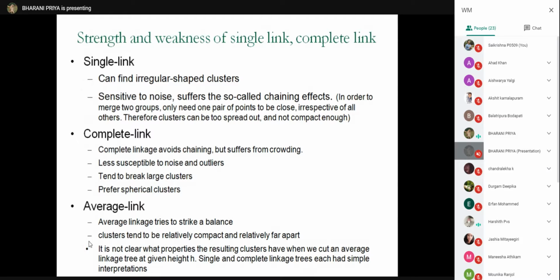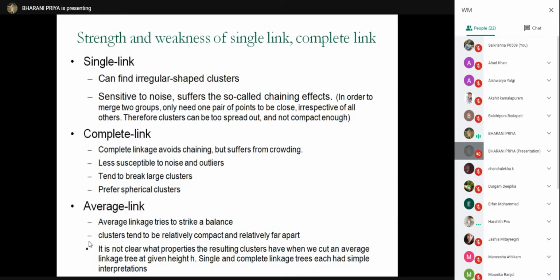If we are guessing that we might have some irregular shapes, we'll go for single link. If you are not sure whether it may be a spherical cluster or an elliptical cluster, you will go for single link.